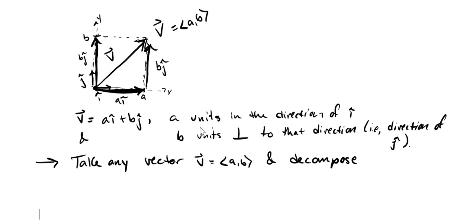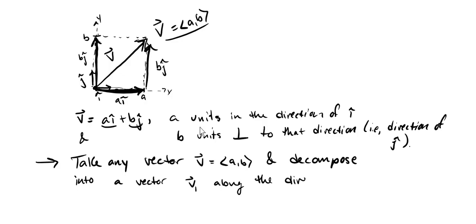In usual notation, this vector v is decomposed into some part i plus some part j. We want to decompose a little bit differently: into a vector v1 along the direction of a given vector w.